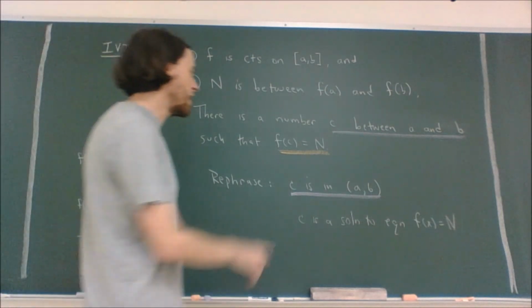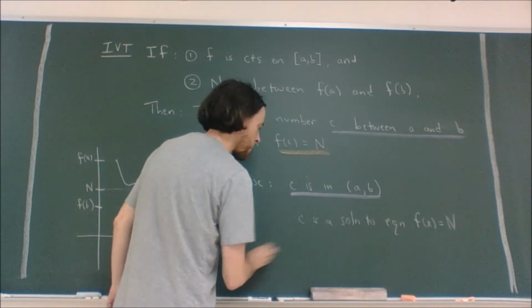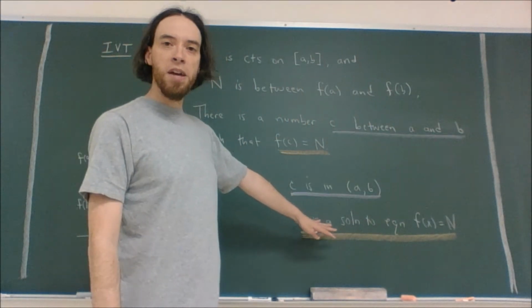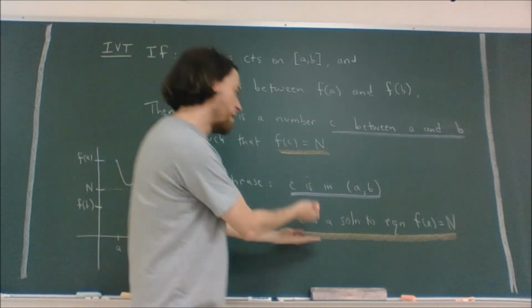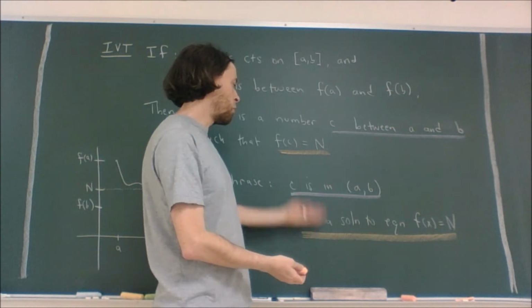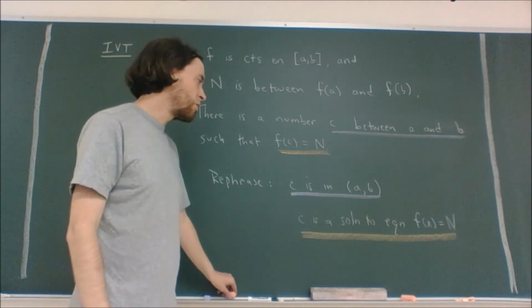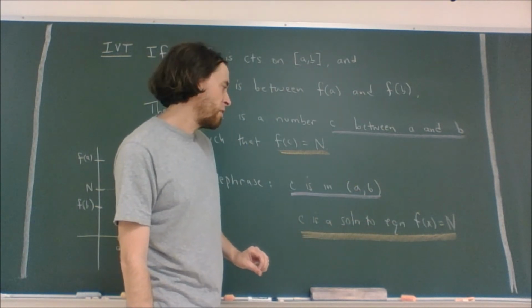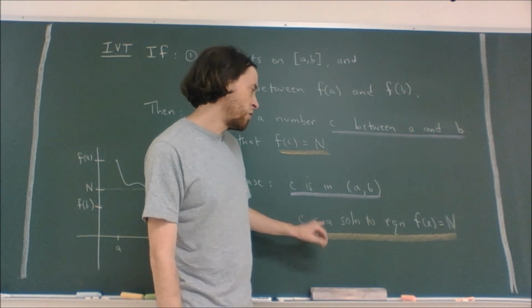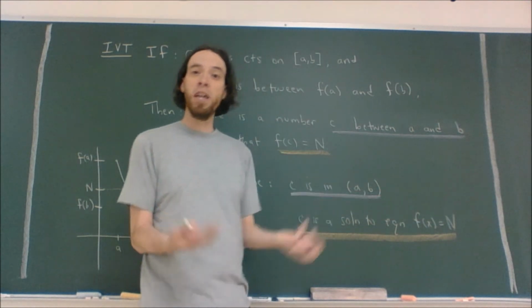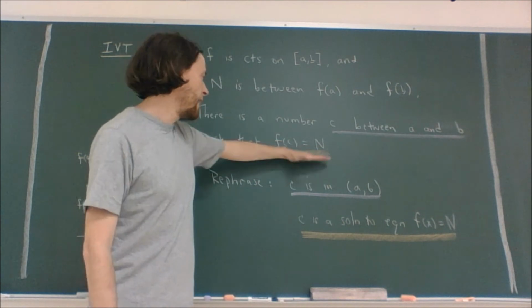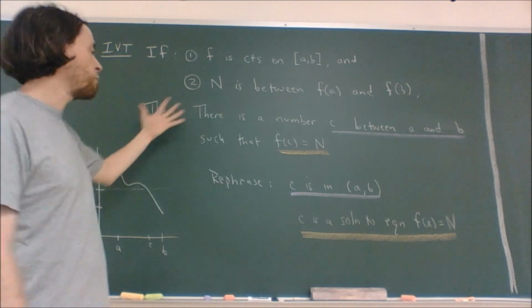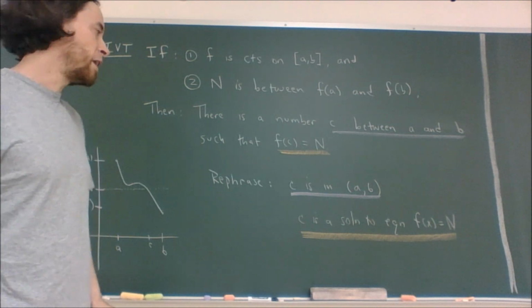That's another way of saying that f of c is equal to N. And this will be helpful because a lot of times problems will be phrased to include one of these, if not both of these kinds of statements, right? So C is a solution to the equation f of x equals N, because all that means is solution to the equation means when you replace x with it, you get a true statement, and that's this statement here in the conclusion. Right? So those are rephrasings of part of the conclusion of the intermediate value theorem.